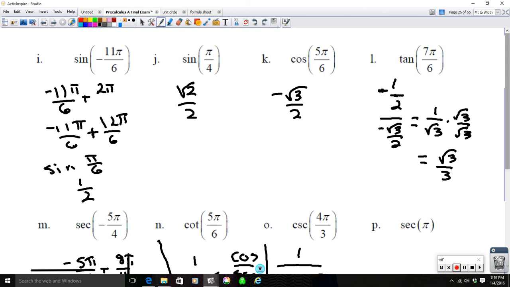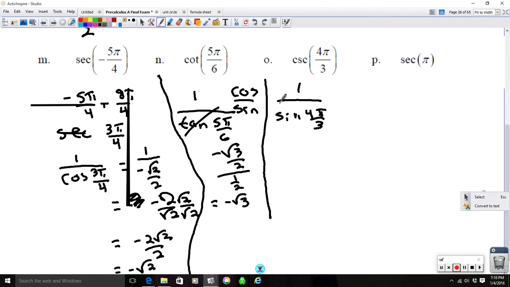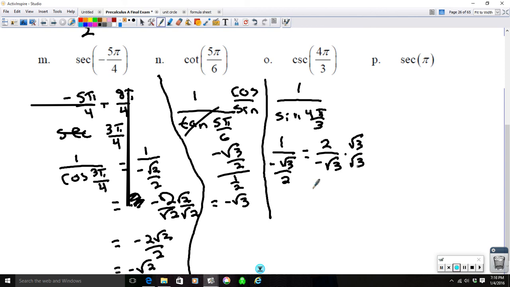So again, it's 1 divided by negative root 3 over 2. When you multiply by the reciprocal, it's going to be 2 over negative root 3. You have to rationalize that, and this becomes negative 2 root 3 over 3.